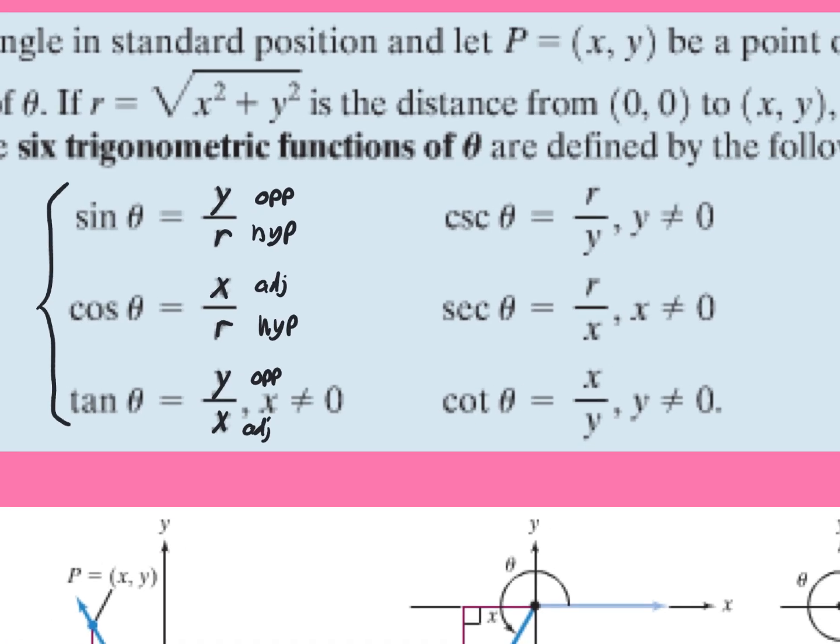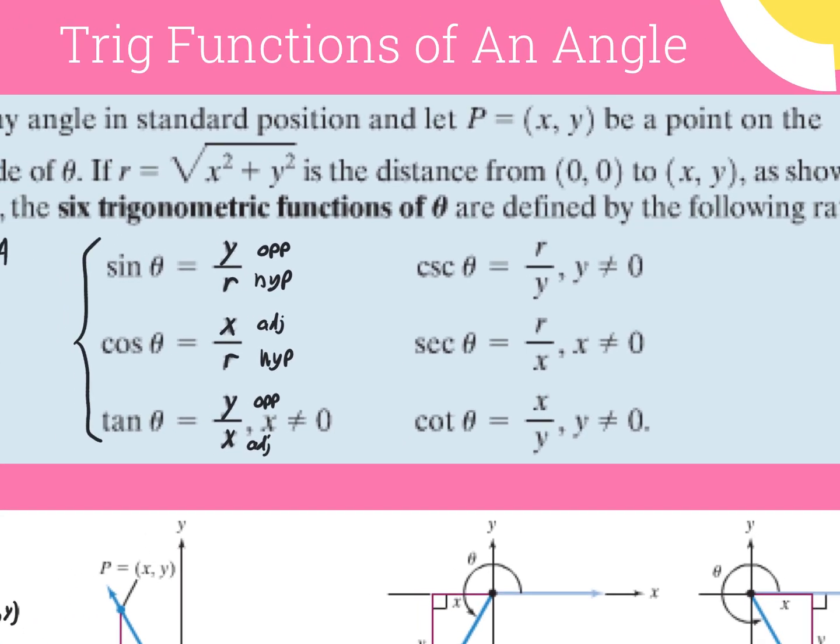Now, there's stuff over here that is new; you probably haven't seen this in geometry. CSC is shorthand for cosecant, SEC is shorthand for secant, and COT is cotangent. What do we notice about them?